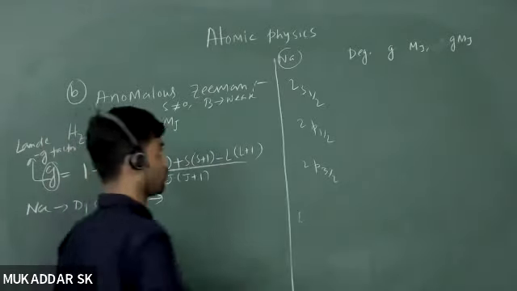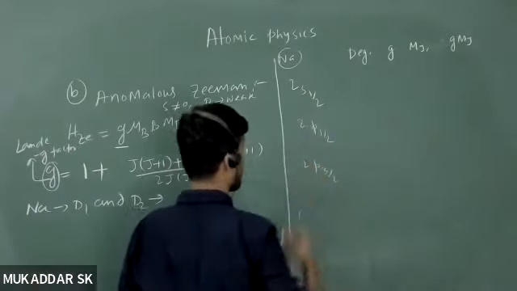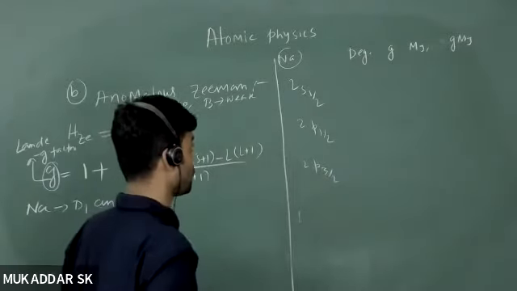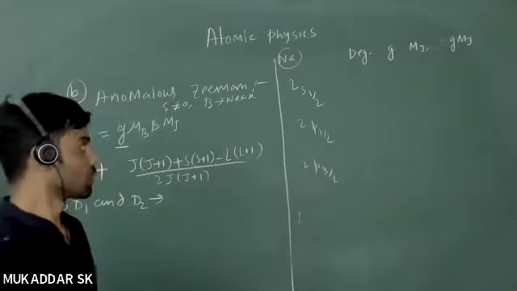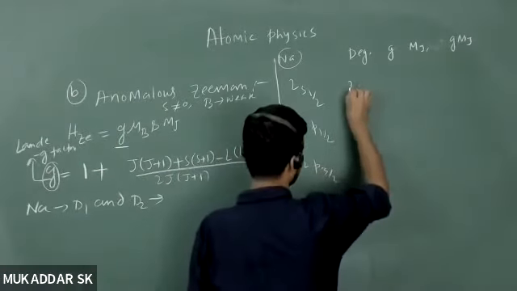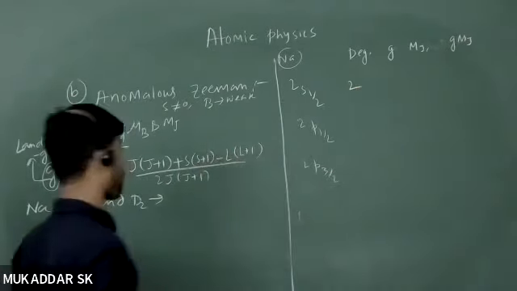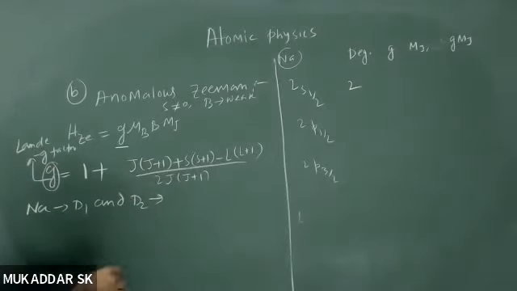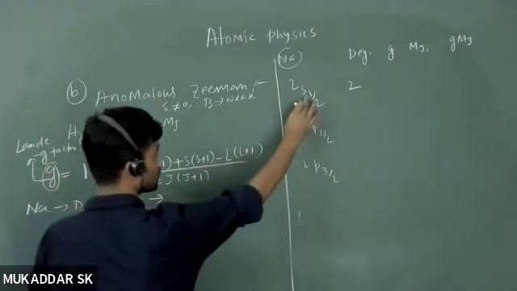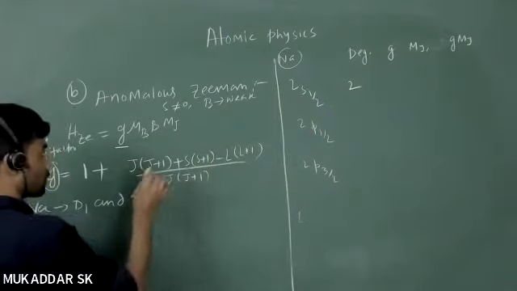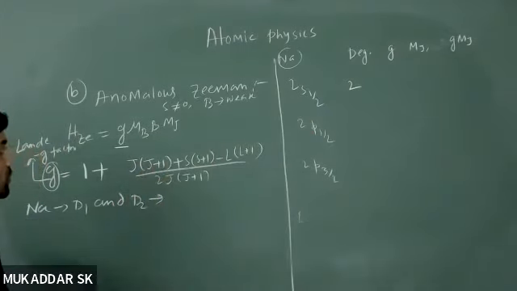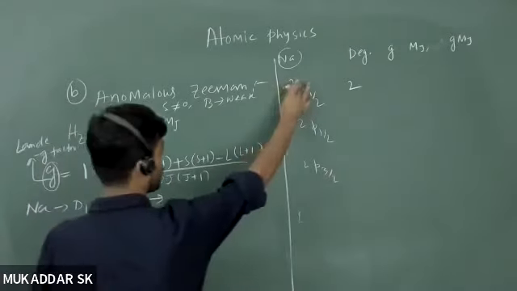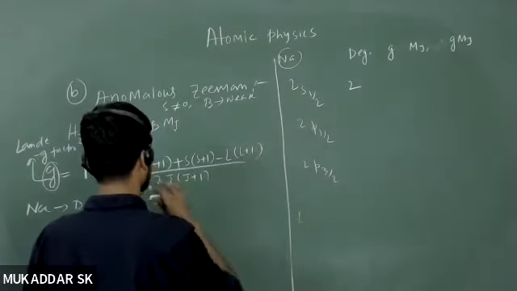Suppose you have the state 2S1/2. What will be the degeneracy of the state? 2, good. What will be the g value, or g factor? For this state the j value is half, and S is half, so 2S plus 1 is 2.